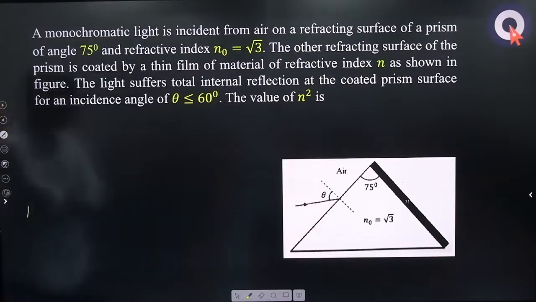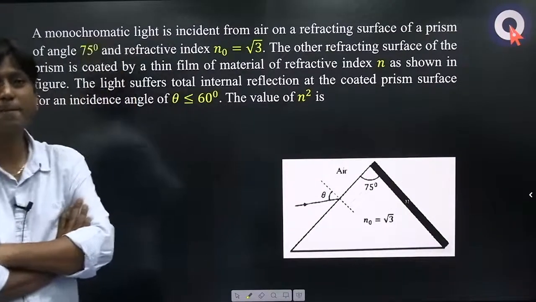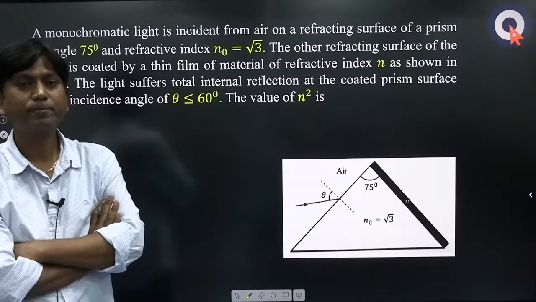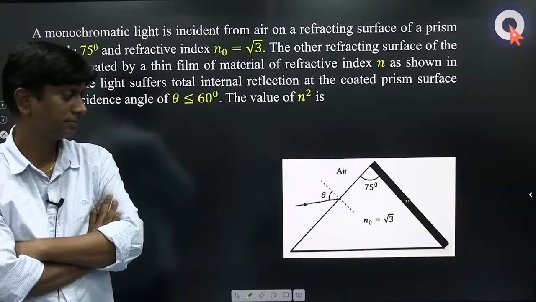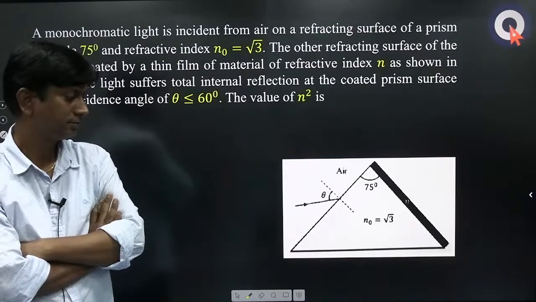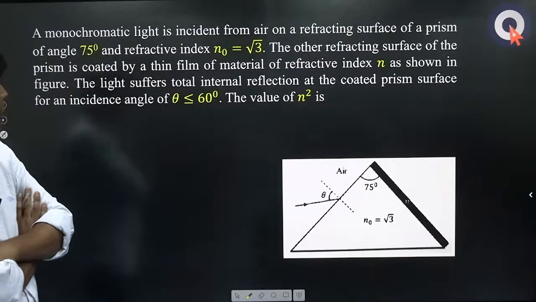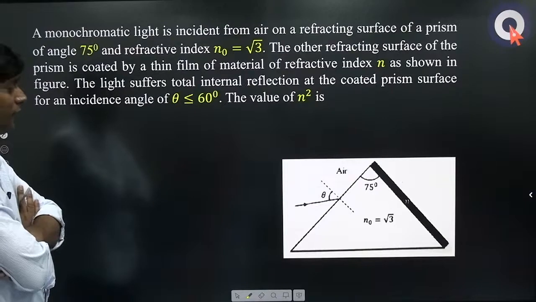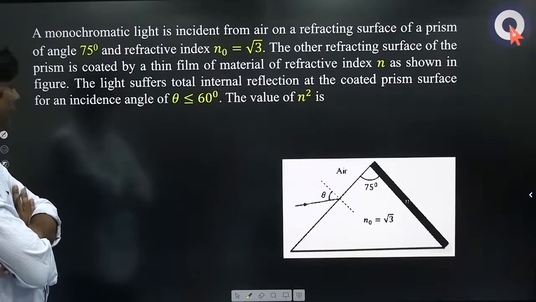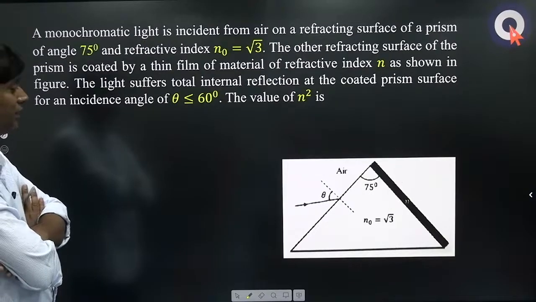So go through this question. Monochromatic light is incident from air on a refracting surface of a prism of angle 75 degrees and refractive index root 3.